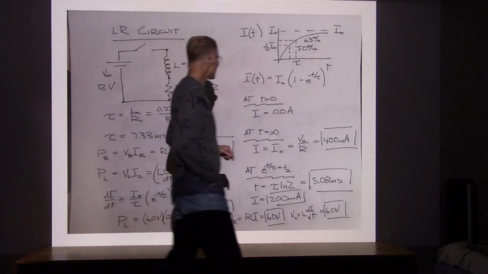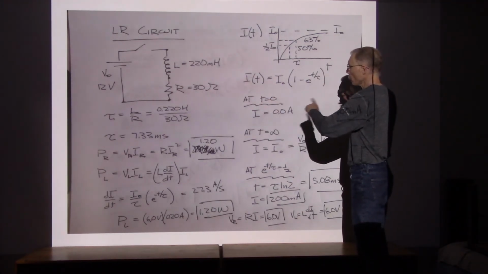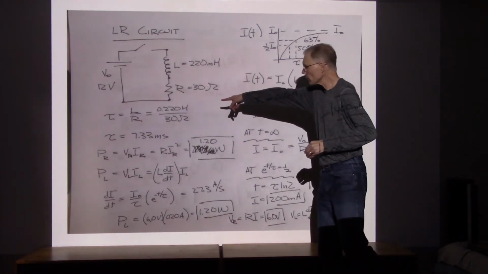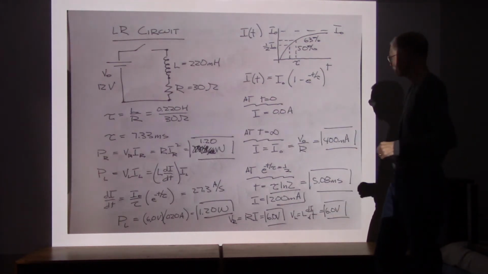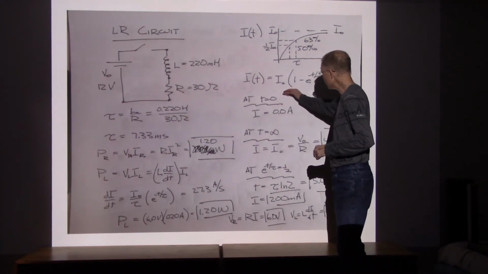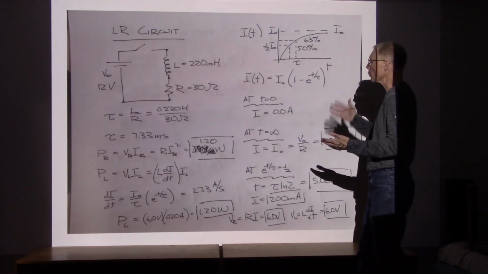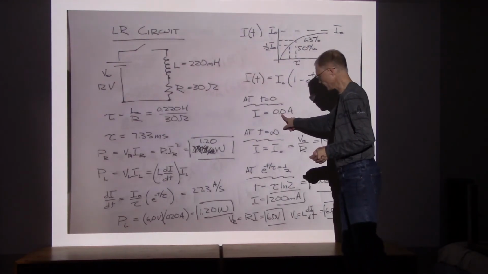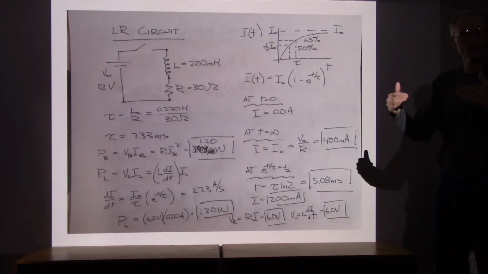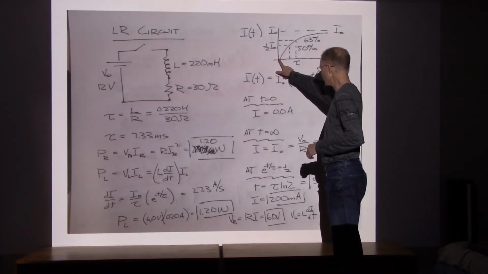Now, let's step back over here. I'm going back and forth from one side to the other in solving the problem. We've got the time constant figured out now. I can use that time constant, plug it in, and answer these first couple questions. At t equals 0, when we first close the switch, what's the current? Current's going to be 0, right? The current's starting off at 0, so right here, we don't have any current at all.